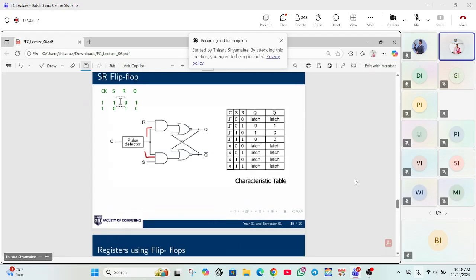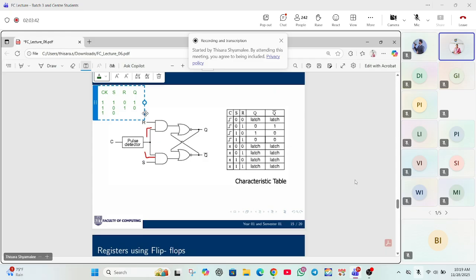Then another one is, if we provide the clock signal but S input is 0 and R input is 0, then the Q output is non-functioning.